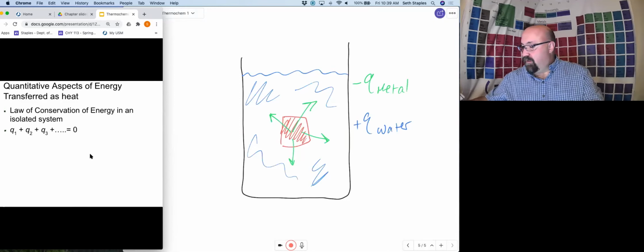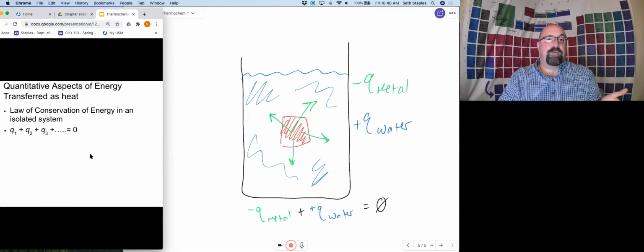And so our negative Q of the metal plus our positive Q of the water taken together must be equal to 0.